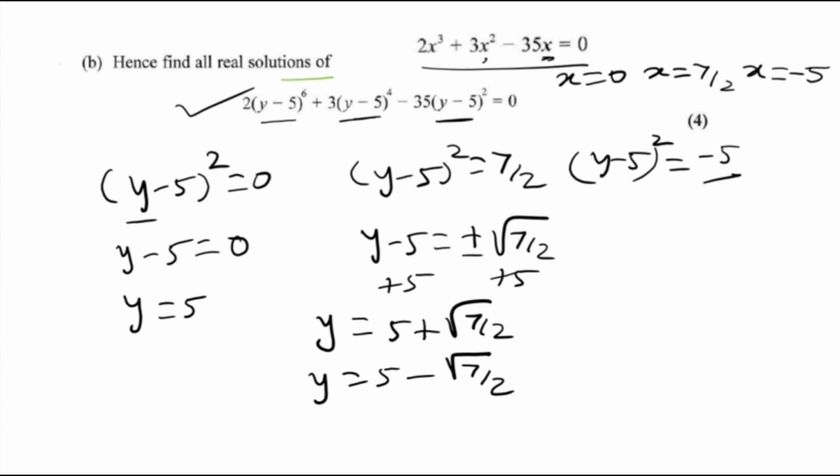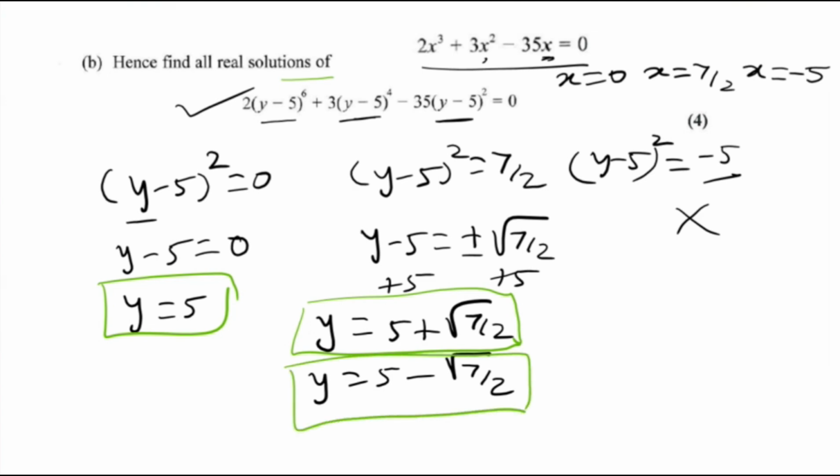And here we cannot do square root of a negative number. So this solution is not possible. So here also we will get three solutions, y is equal to 5, y is equal to 5 plus root 7 over 2 and y is equal to 5 minus root 7 over 2.